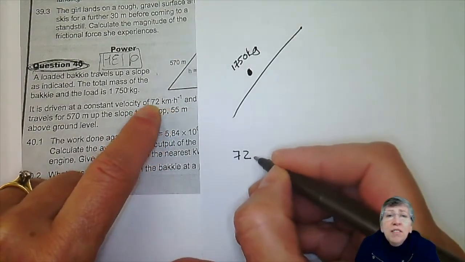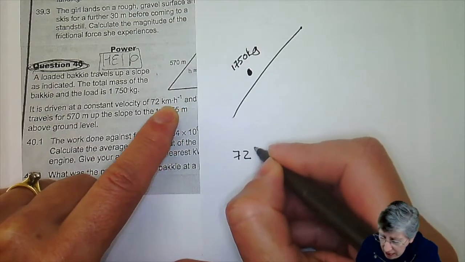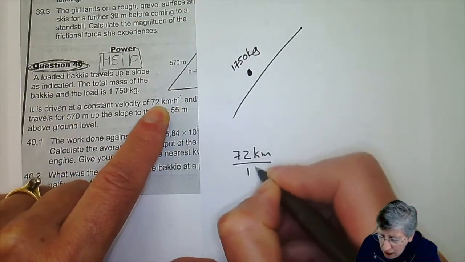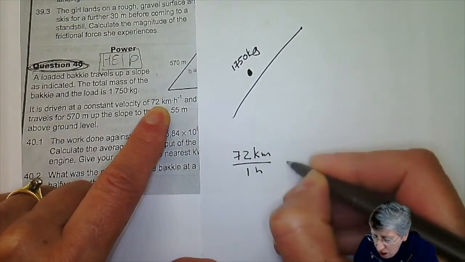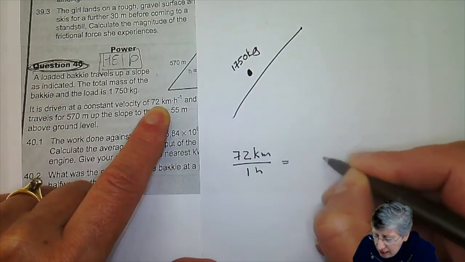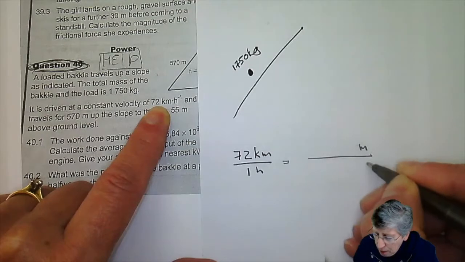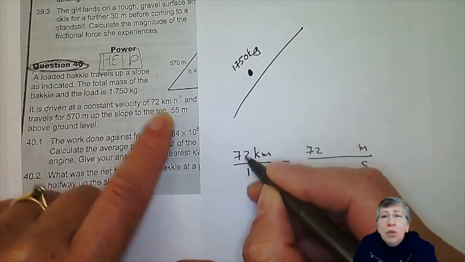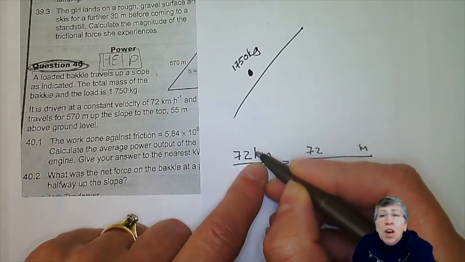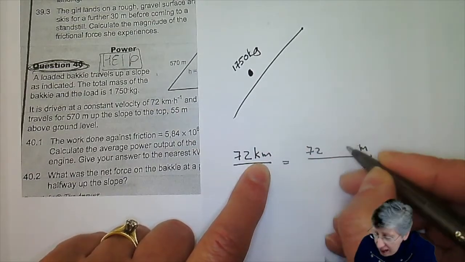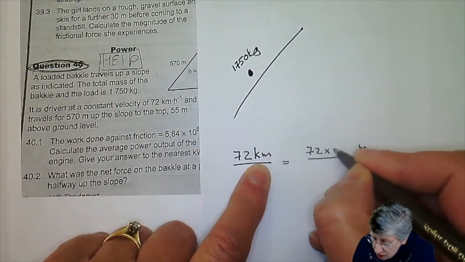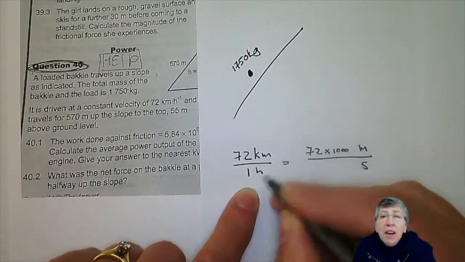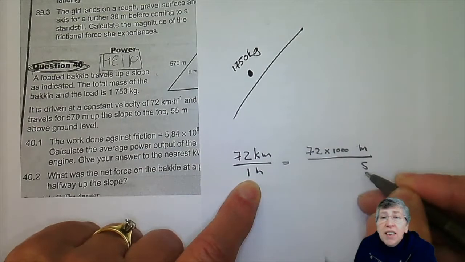Now, if it's 72 kilometers per hour, it means 72 kilometers in 1 hour. And now I want to end up with that in meters per second. So let's take the 72. What do I have to do to the 72 to go from kilometers to meters? I have to multiply with 1,000 to get to meters, right? What do I have to do to 1 hour to get the number of seconds?